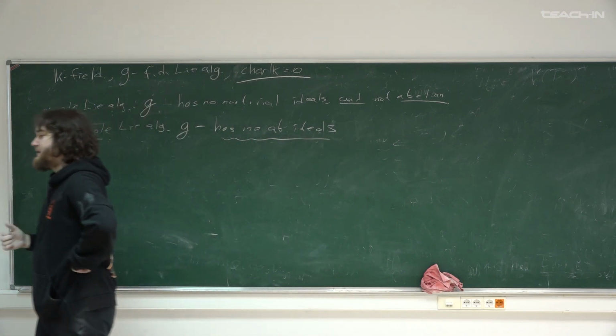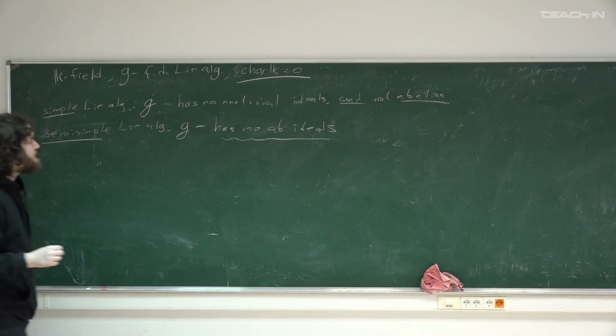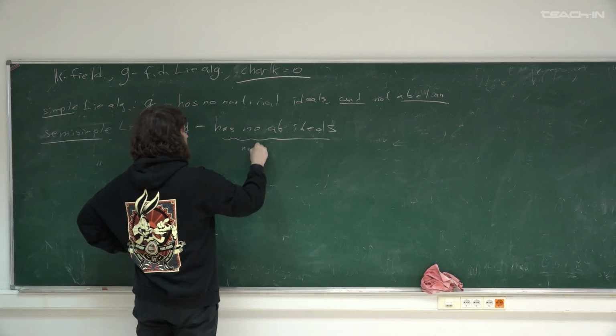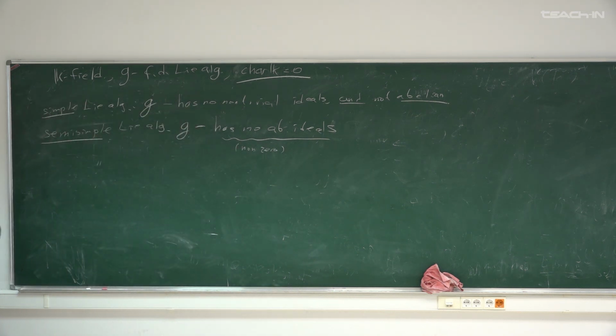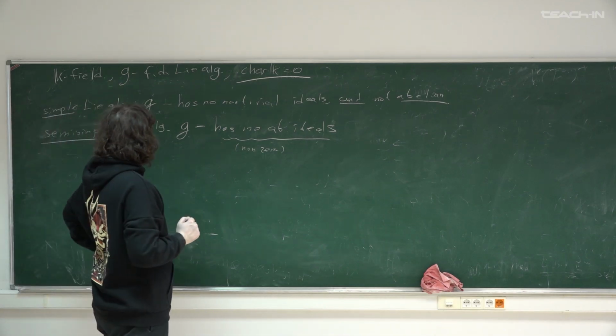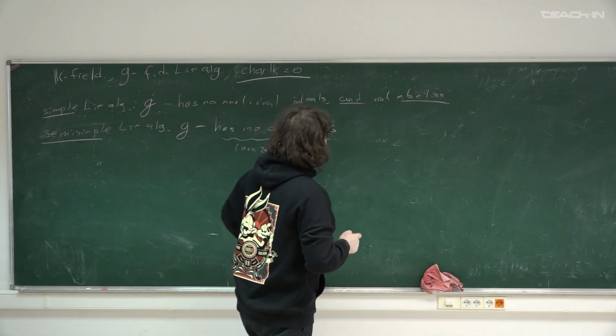No non-zero abelian ideals, of course. The only abelian ideal is the zero ideal. It's the same thing as having no non-zero solvable ideals. Maybe let me recall what a solvable Lie algebra is.